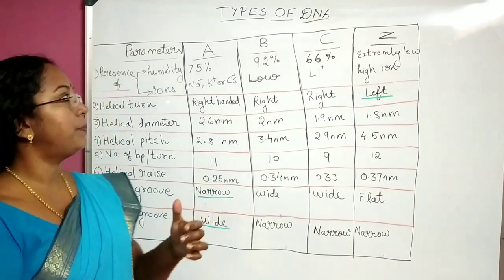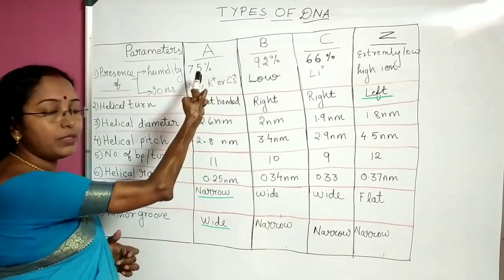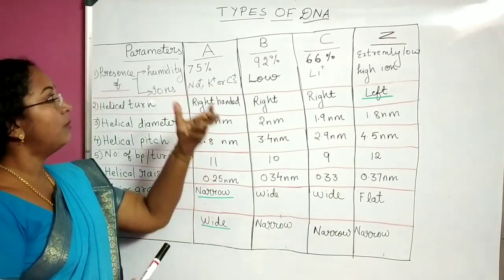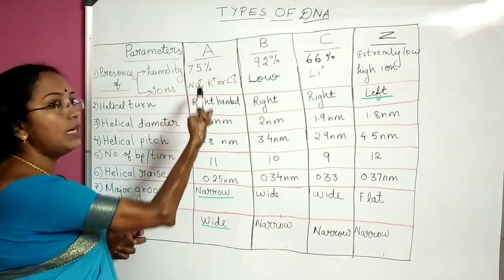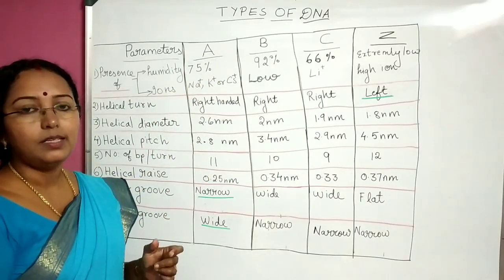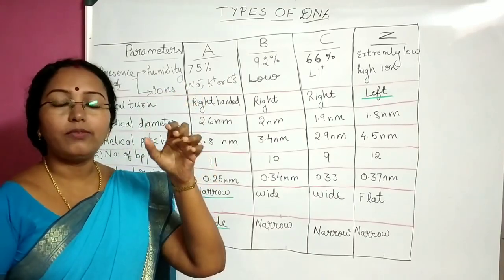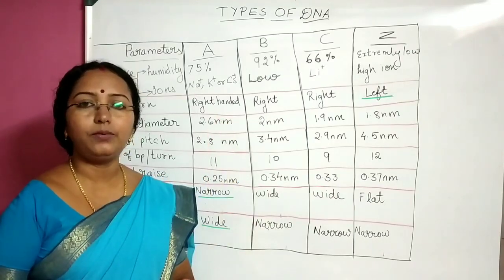But then what happens when the amount of water is reduced to 75% or so, that means the humidity is reduced? The form of DNA that is seen at that time is called the A form of DNA. So we have learned about many features of DNA, isn't it?